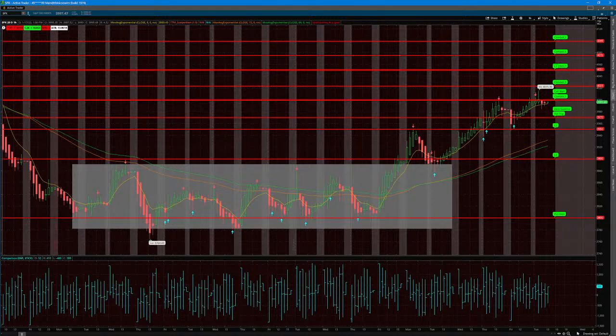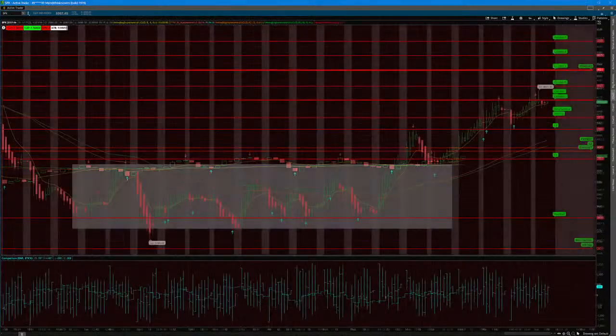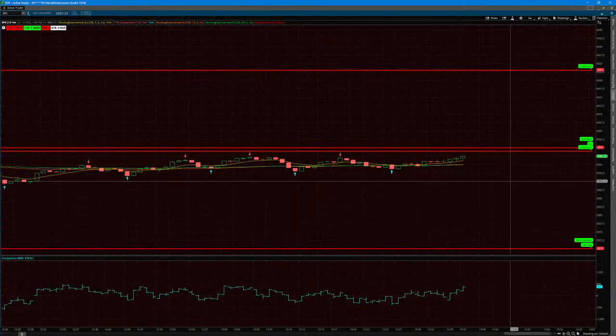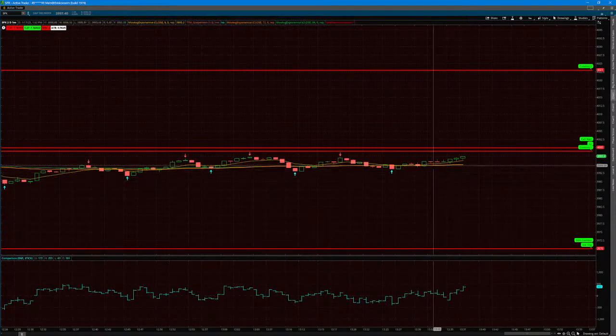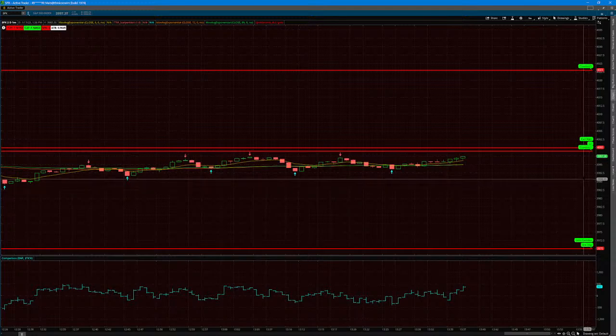And now let's zoom in, and I'll look at a closer up view. And this is showing not a lot of movement right below the call wall, the 4,000 level. And also there is a combo level right below that.